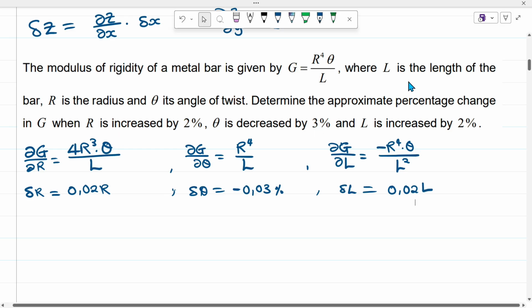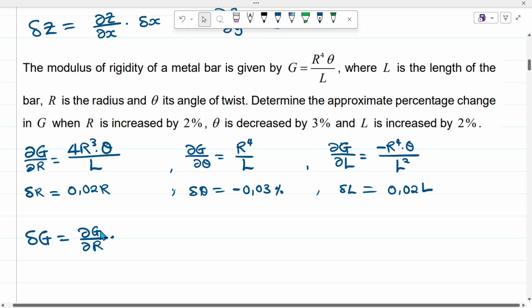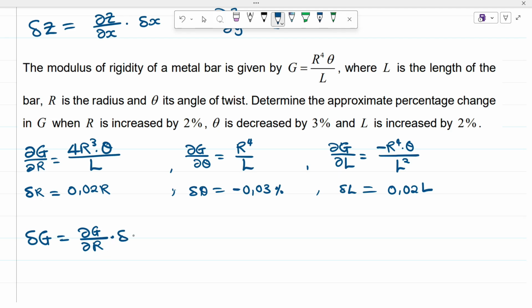And then now we can rewrite our formula, right? Our percentage change in G is then going to be equivalent to the partial derivative of G with respect to R. Remember guys, whenever we write the one with respect to R, that means we must multiply by the percentage change in R for this case.